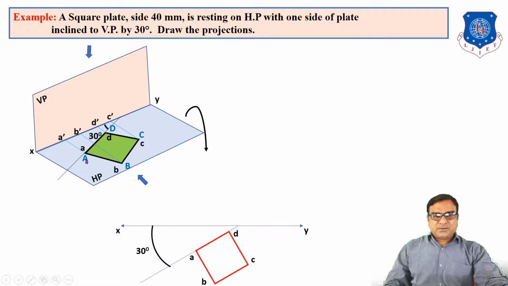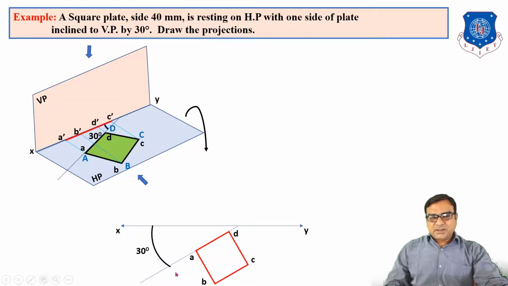The projection of capital A on the vertical plane is denoted by A dash, the projection of B on the vertical plane is B dash, of D is D dash, and of C is C dash. So join all the points with straight lines. We will get a straight line exactly on the XY line.